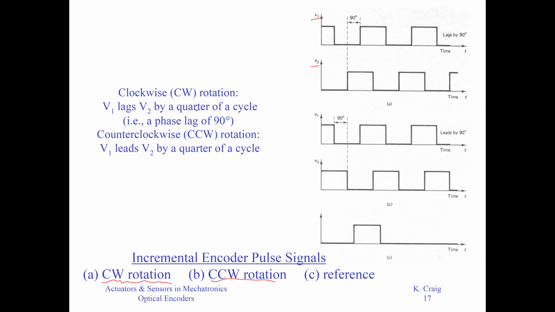So this is A, and this is B. Depending on the direction you move, you will be able to see which is turning clockwise or anti-clockwise by comparing V1 and V2's phase relationship.